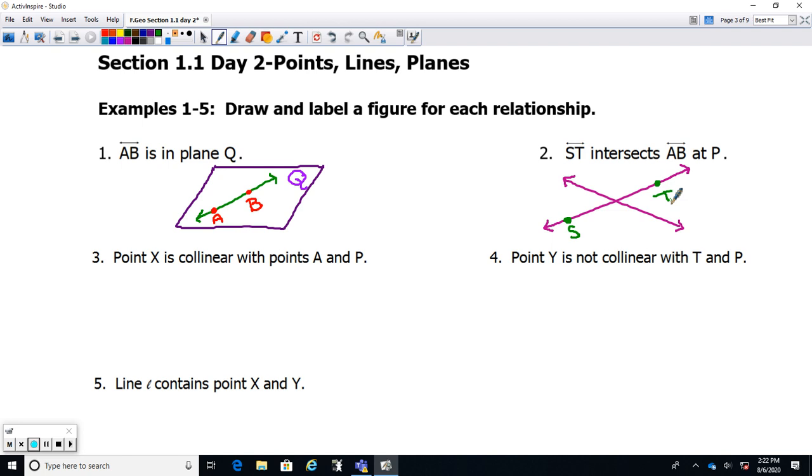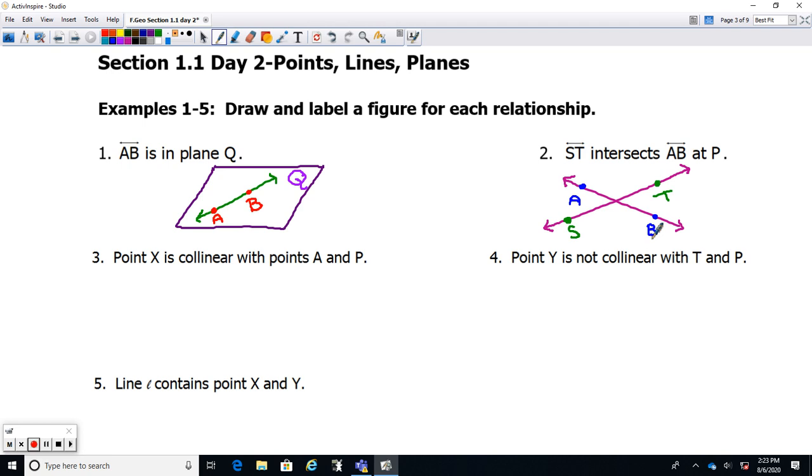It doesn't have to be over there. It could have been before it crossed. All it has to include is 2 of the points have to be on that same pink line. But I think most people would do that. And then again, I'm going to put an A here and a B over here. Again, it's up to you where you want to put your letters.